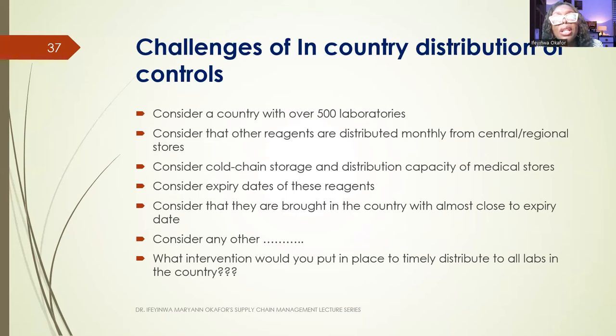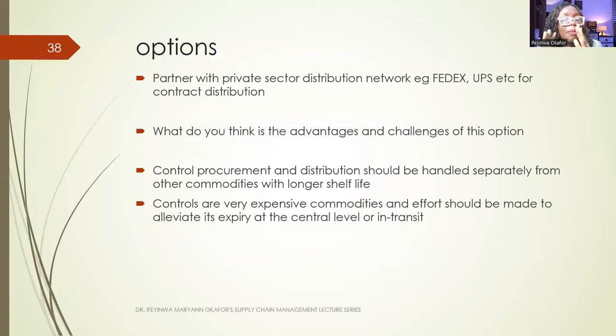Consider that they are brought into the country with almost close to expiring dates. And then consider other challenges that they may encounter on the road, like breakdown of vehicles, shortage of fuel, and all that. Then what intervention would you put in place to timely distribute to all labs in the country so as to avoid the product expiring in your hand?